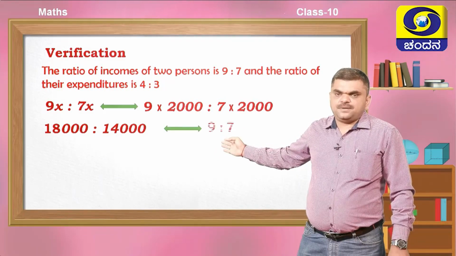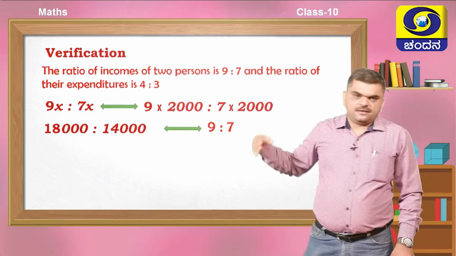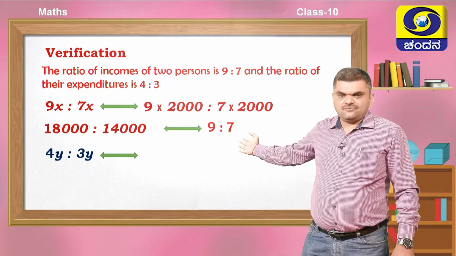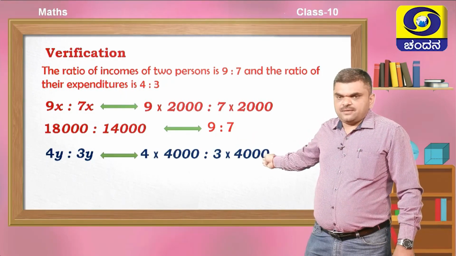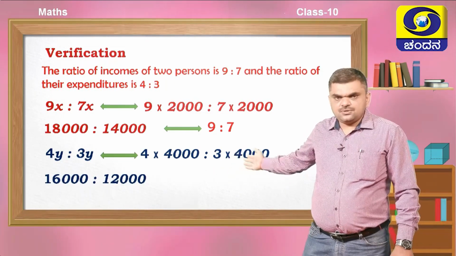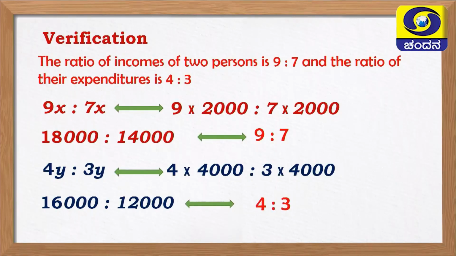When we simplify, it is 9:7. Again, 4y is to 3y, that is 4 into 4,000 is to 3 into 4,000, which means 16,000 is to 12,000, that is 4:3 also. Children, let us verify in another way.